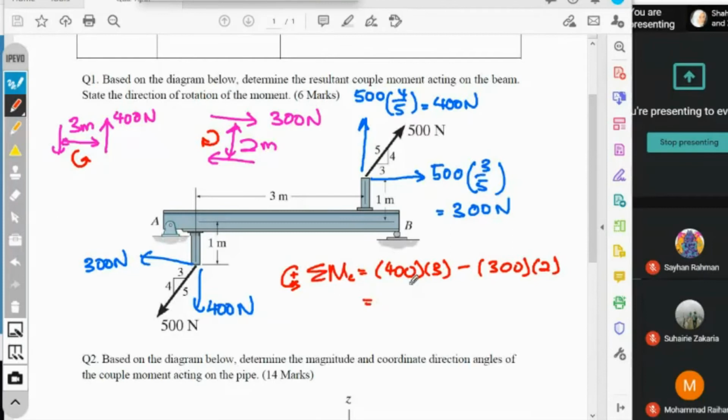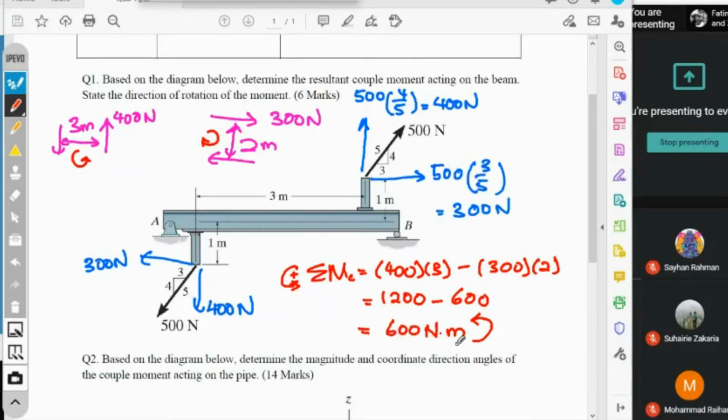So it will be 1200 minus 600, right? So if the calculation is correct, you get 600 Newton meter. Because it's positive and we assume positive to be counterclockwise, the direction is counterclockwise. That already answers the magnitude as well as the direction.